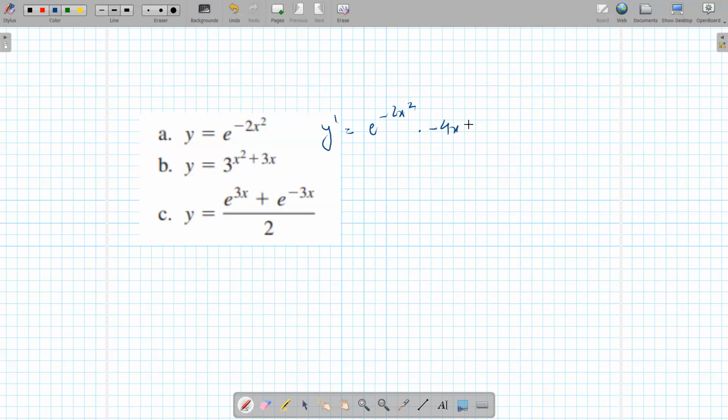What about b? B is a different function now. It's still an exponential function, but there's no more e attached to it. It's very similar. What would be the answer to b? First, you're going to write itself. Then you're going to multiply it because there's a 3 here.